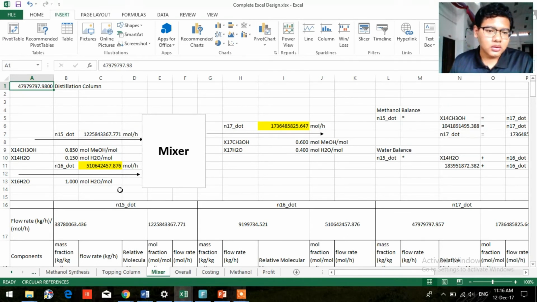The flow rate of water we put into the mixer is approximately 51,000 million mole per hour.